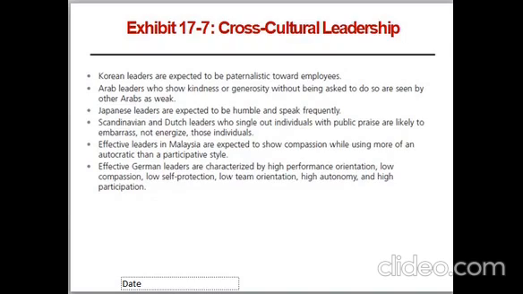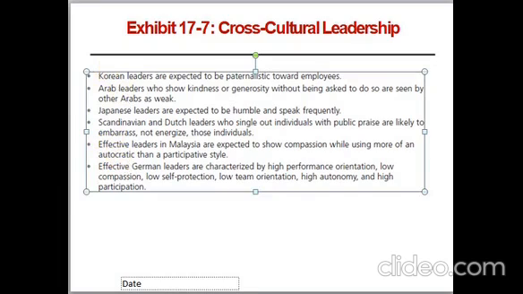But these traits are not universally present in all cultures. So people from different cultures have a different way of behaving.